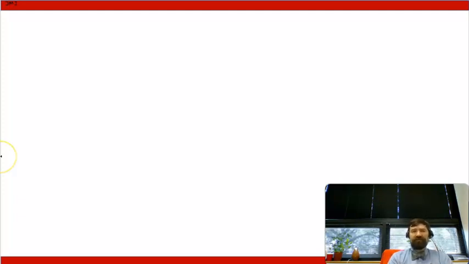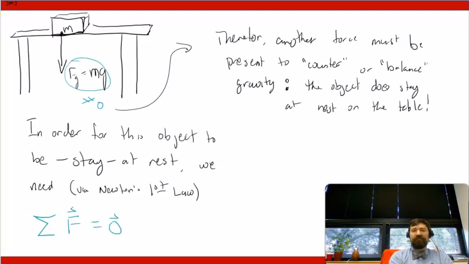In other words, if I took that same table and replaced the tabletop with ice on top of the wood, or if I put an oil slick along the top of the wood, then if I tried to push left or right on the object, it would more easily slide than if it's just sitting on the wood of the table. Okay, so that kind of counters friction in some sense. That allows us to account for friction between the two, which is a topic for another day, of course.